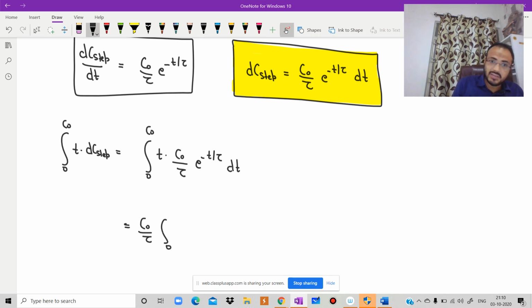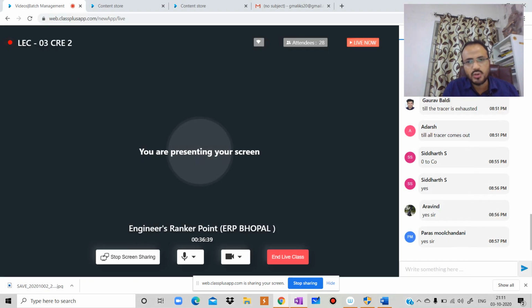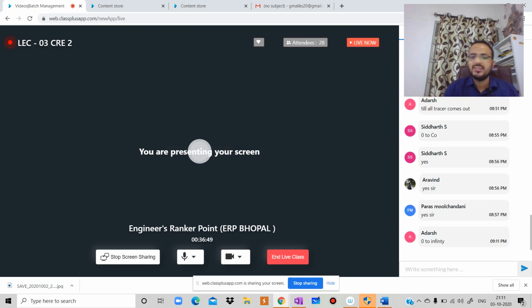But here it is not the limit of C naught. It should be the limit of t, 0 to infinity. Am I right? My limits will be 0 to C naught or 0 to infinity, Siddharth? The limit of t is 0 to infinity, right?